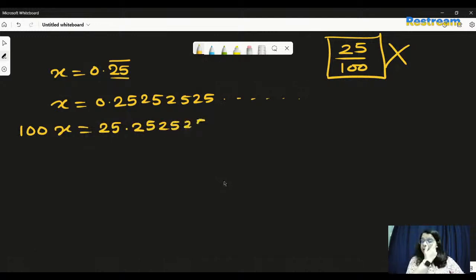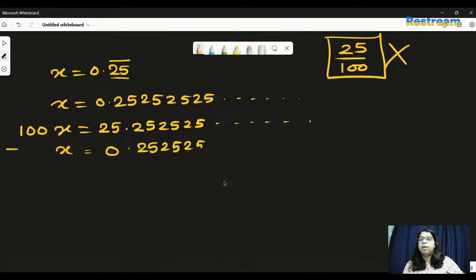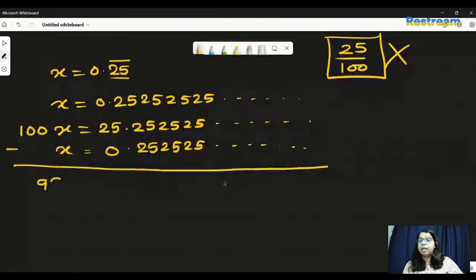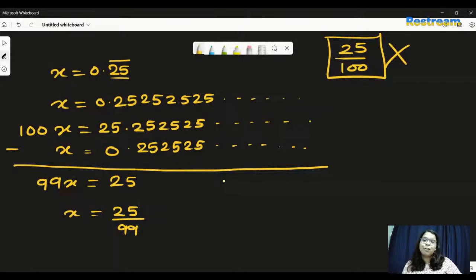Our aim is to completely eliminate this trailing 25, 25, 25. Now we subtract x from this. So we have 99x is equal to 25. So x is equal to 25 over 99. Pretty interesting, right? So it is almost 25 over 100, but still not 25 over 100.